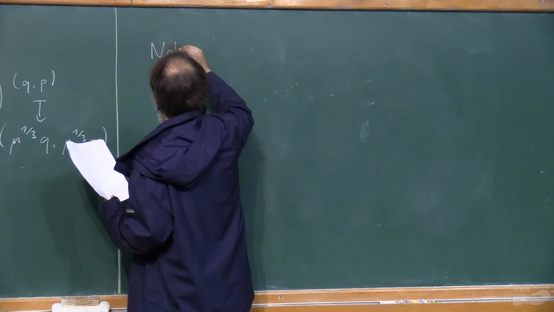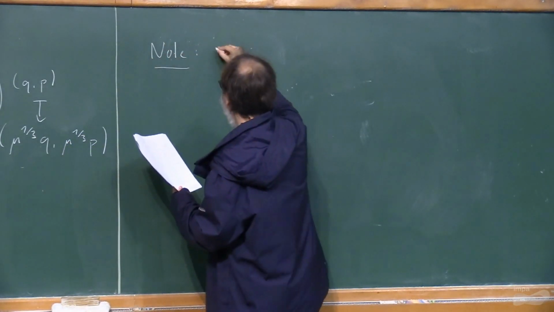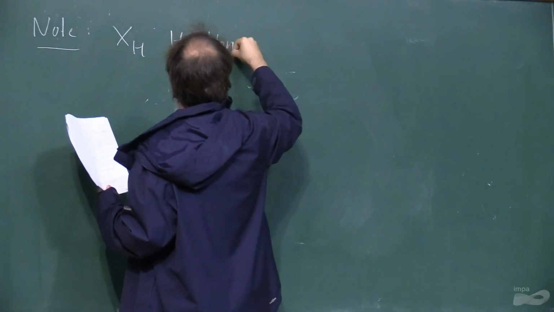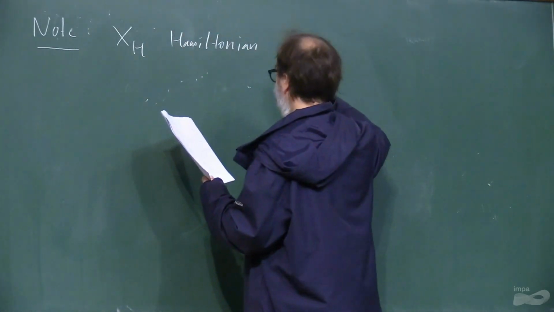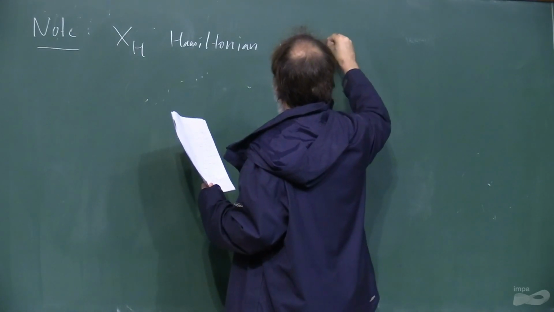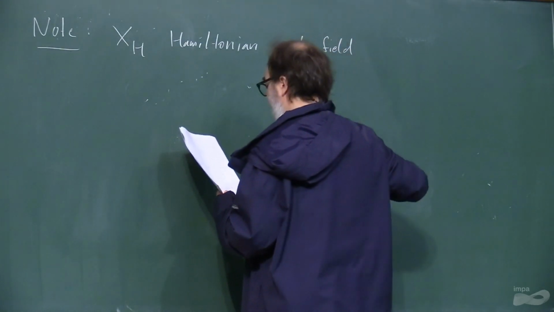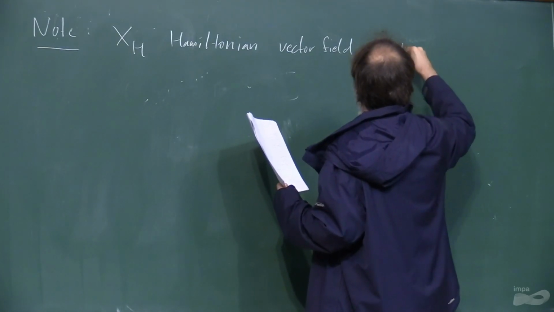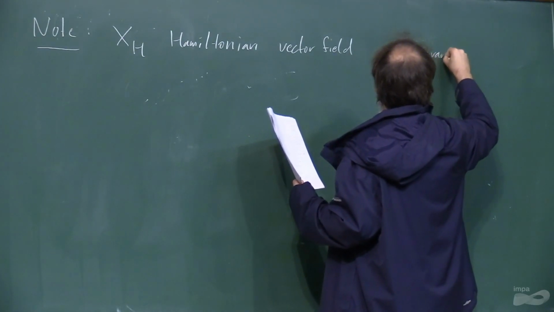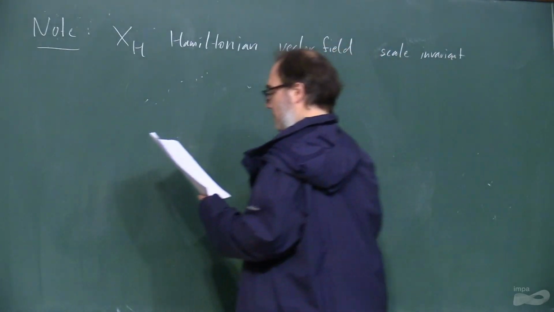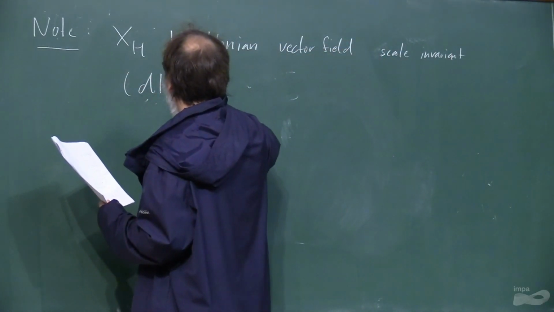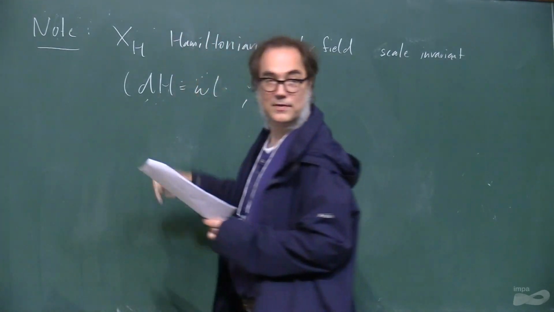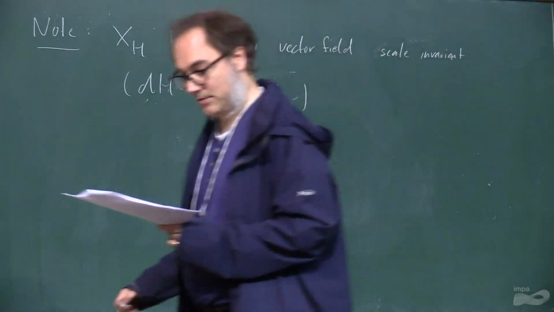So note that X_H, the Hamiltonian vector field, is scaling invariant. We scale the symplectic form, we scale H, so the Hamiltonian vector field does not change.